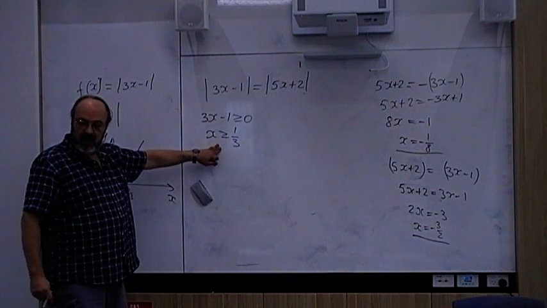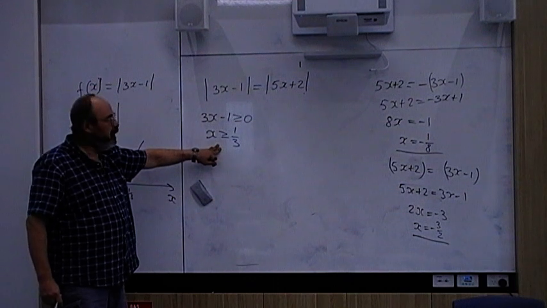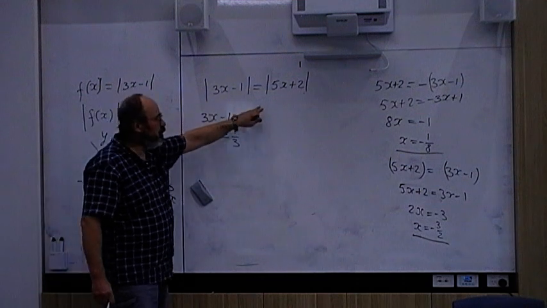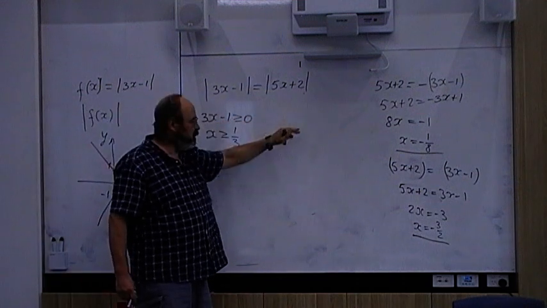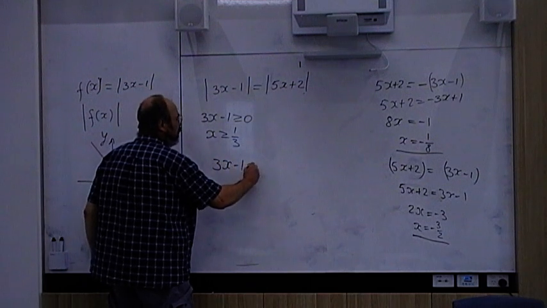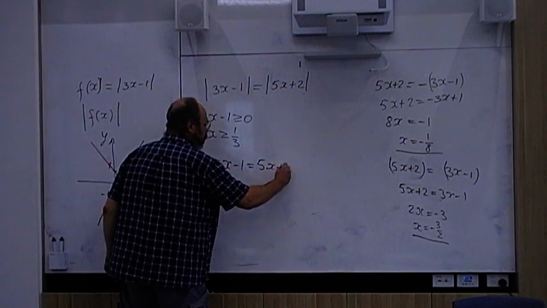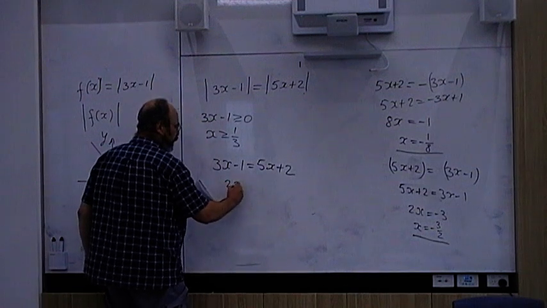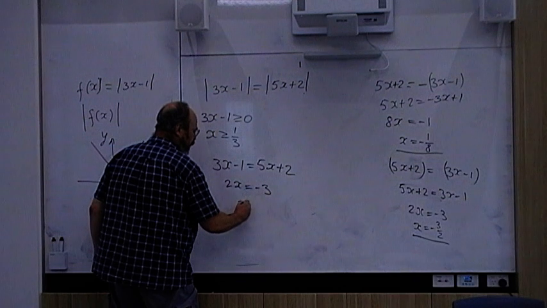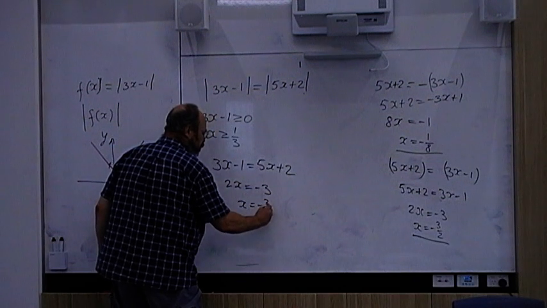When x is greater or equal 1/3, we can just drop the modulus here, and this will be positive as well. So we drop both moduluses: 3x minus 1 equals 5x plus 2. We get 2x equals minus 3, x equal negative 3 on 2.